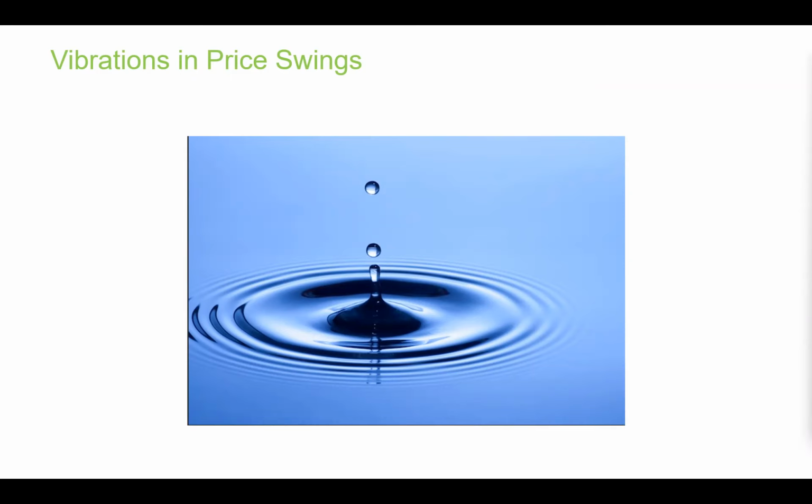Both ranges and trending types of moves, which are different environments, have a ripple effect. And the ripple effect is always going to start on the smallest time frame. And sometimes it doesn't always work out to the largest time frame. Sometimes it's just a ripple in that short time frame environment.